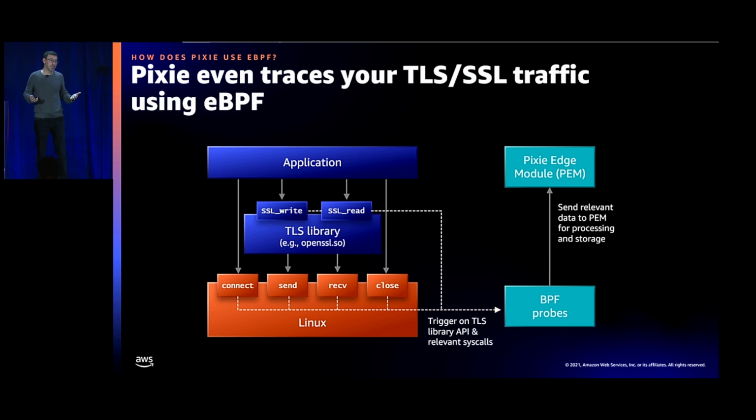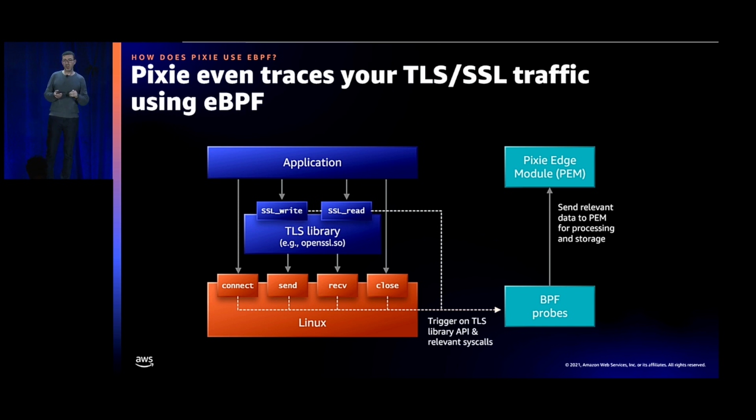Even cooler, at least in my opinion, is that you can use this approach to trace traffic that's encrypted. Right? So you can put a breakpoint, or a trace point rather, essentially anywhere in your code. So you can put a trace point on, for example, your TLS library.